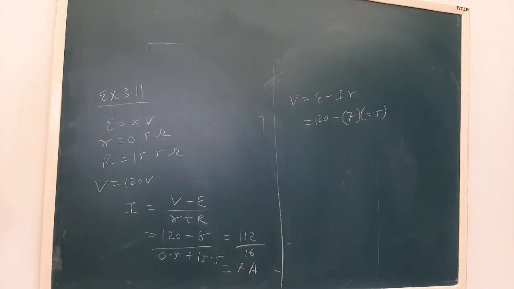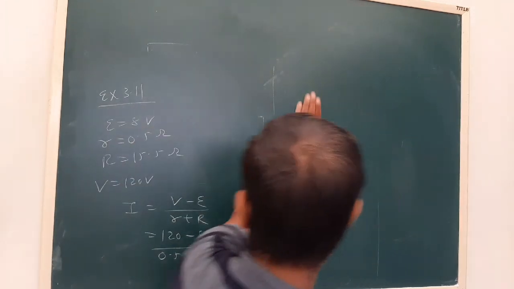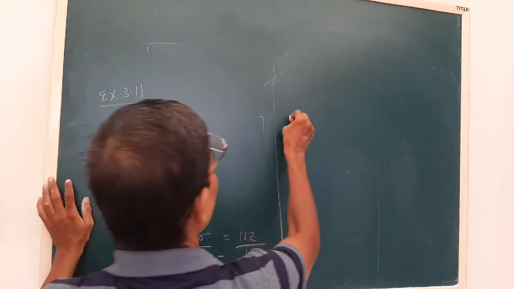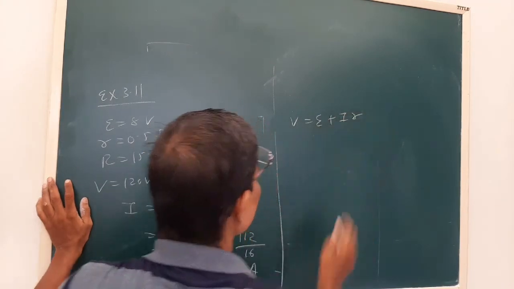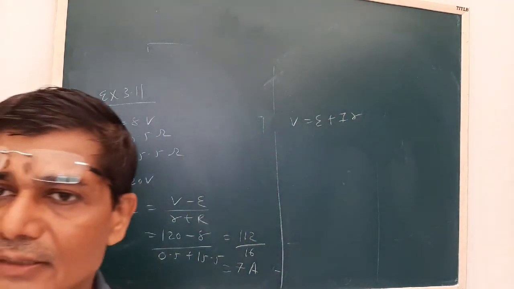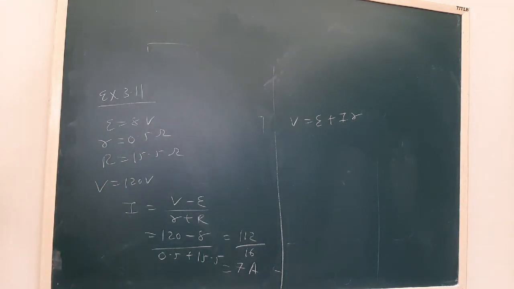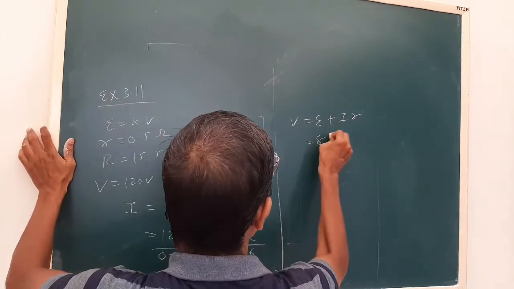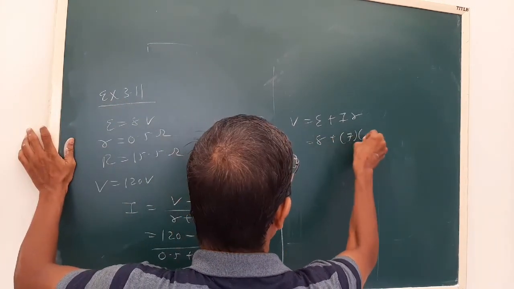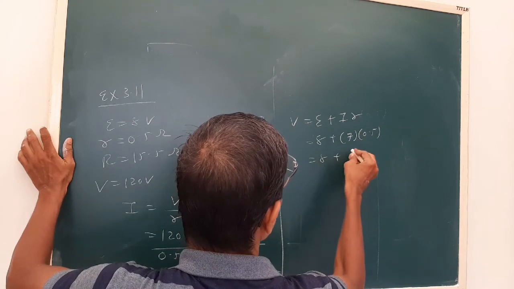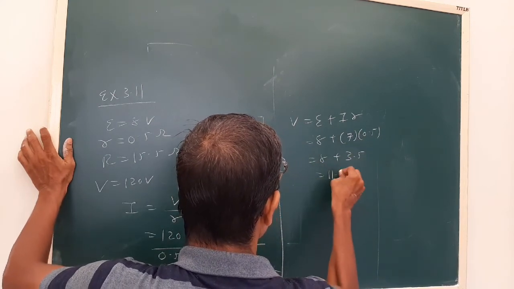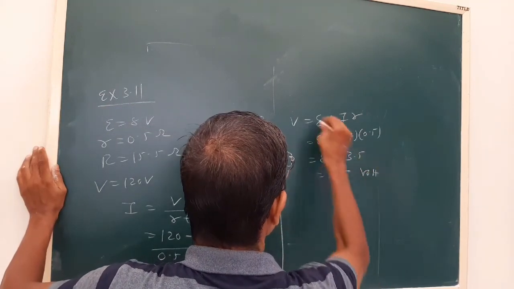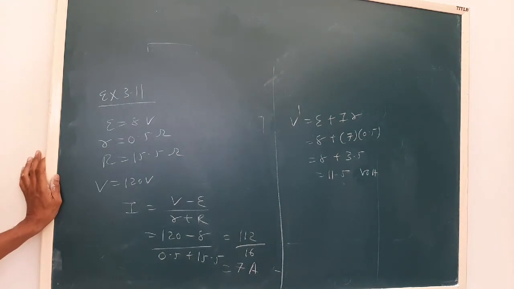But see here, the battery is being charged. So in that case V is equal to E plus Ir. This is the only case, when one battery is being charged by the other, that instead of V equal to E minus Ir, we have to take E plus Ir. So here E is 8, I is 7, r is 0.5. Instead of calling it V, we can call it V dash.